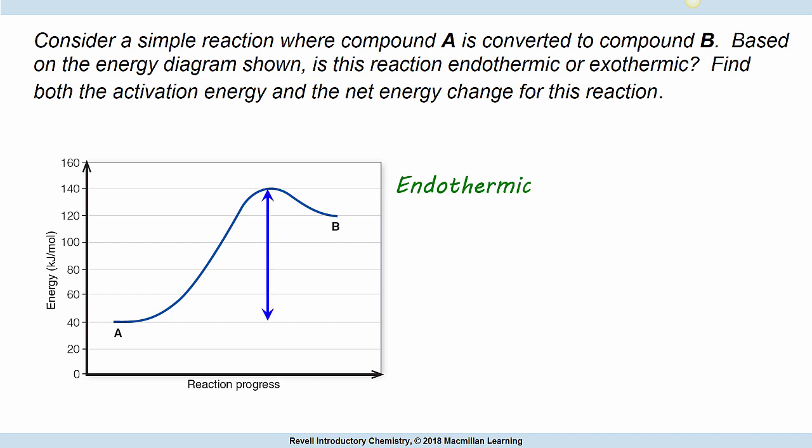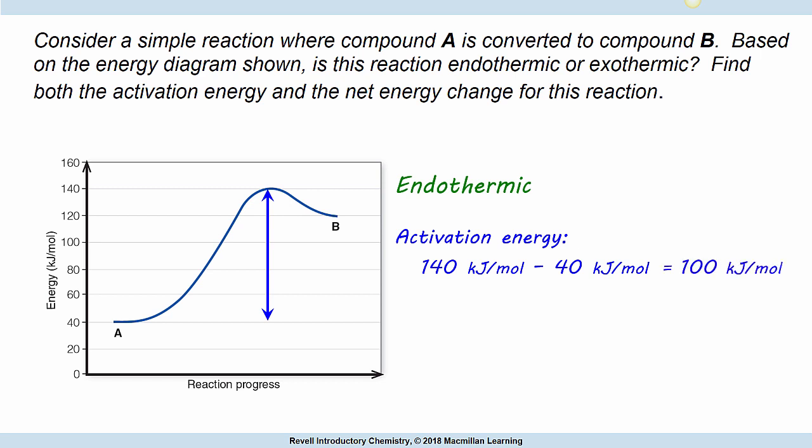The activation energy is the energy barrier that the reaction must get over in order to take place. The starting material has an energy of 40 kilojoules per mole, and the transition state has an energy of 140 kilojoules per mole. Therefore, the activation energy equals 140 kilojoules per mole minus 40 kilojoules per mole, or 100 kilojoules per mole.